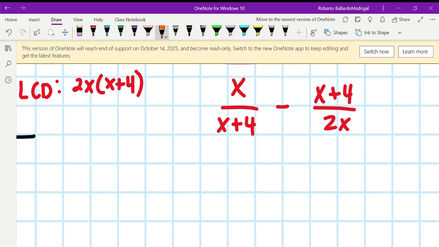If this is my LCD, I have to figure out what I need to multiply my first fraction by. I already have the x plus 4, but I'm missing the 2x. So the first fraction gets multiplied by 2x, while the second fraction gets multiplied by what? Well, it has the 2x, it's missing the x plus 4.